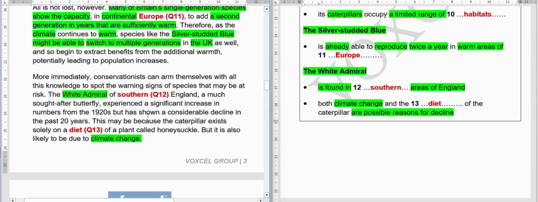So this is the name of the plant, the only plant that this particular caterpillar eats. So this is its only diet. And climate change, we have already written, this is already given. So another thing is its poor diet, because it's too picky, too fussy an eater. So that's why the number is going down.